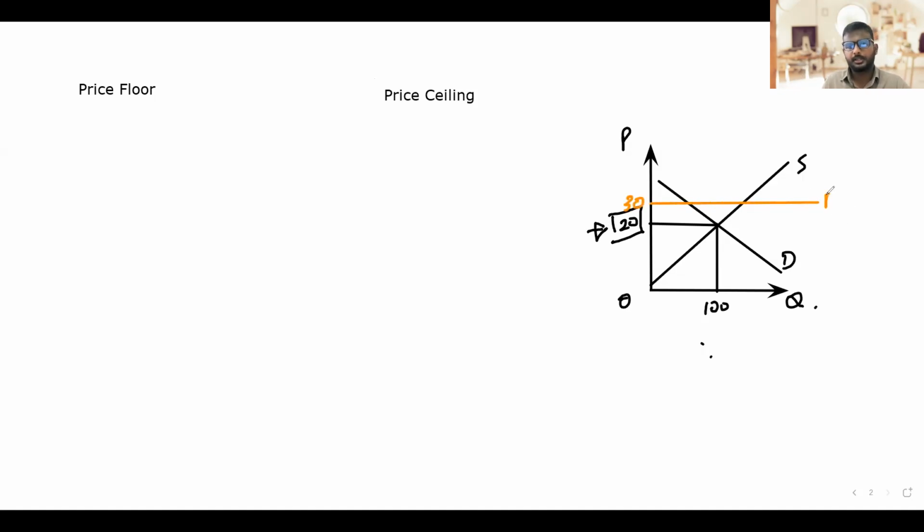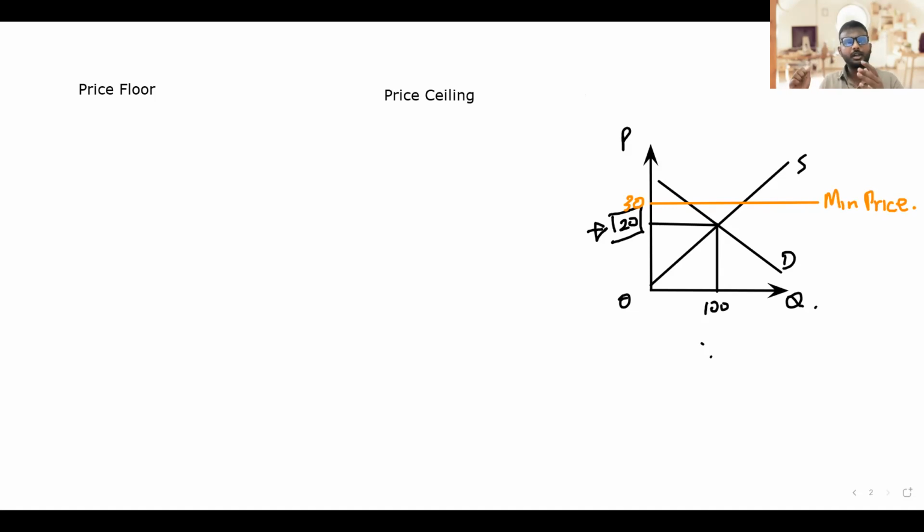And when government sets this 30 rupee minimum price, what it means is that hereafter, no one can sell this particular good in the market for a price lower than 30 rupees. The product can't be sold at a price lower than 30. The minimum price is 30.